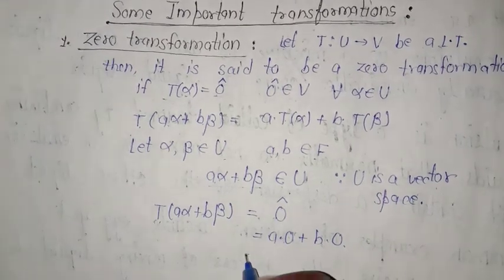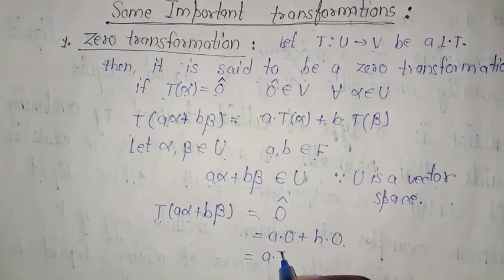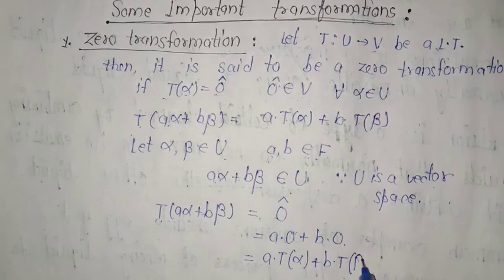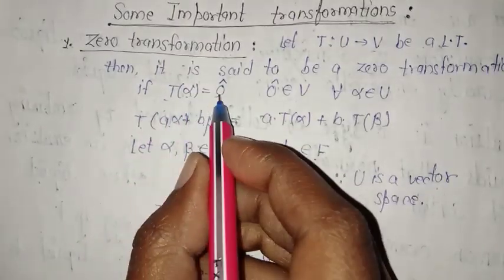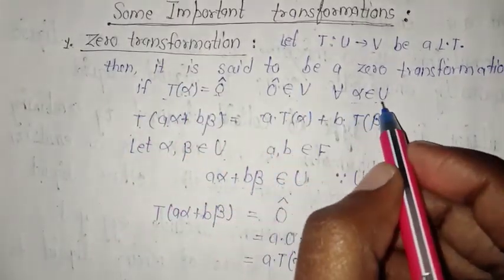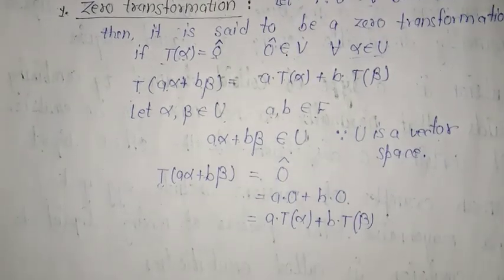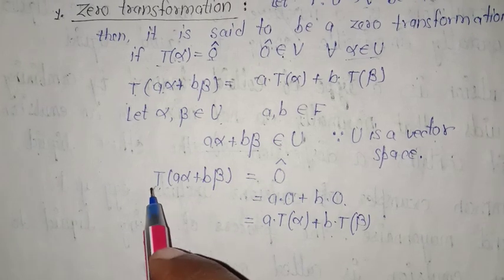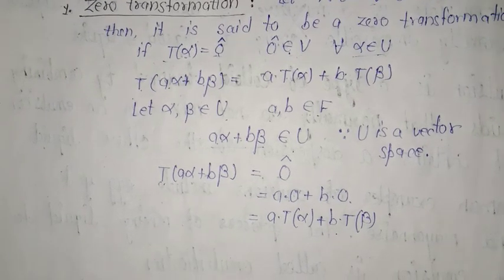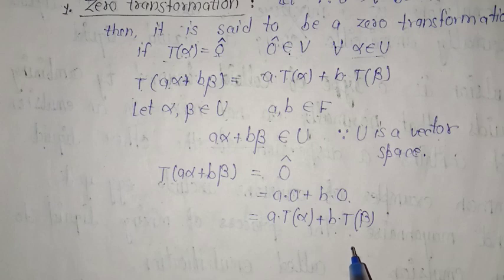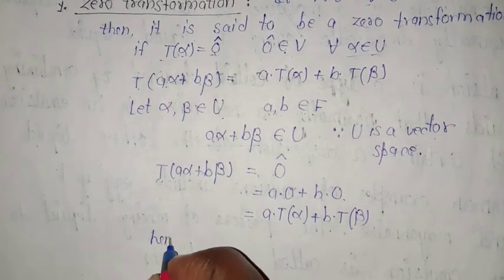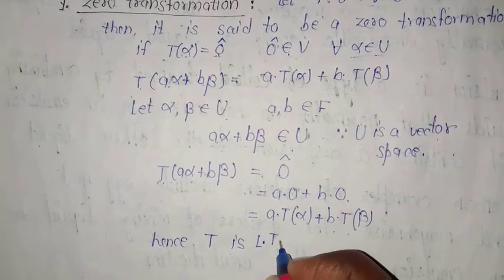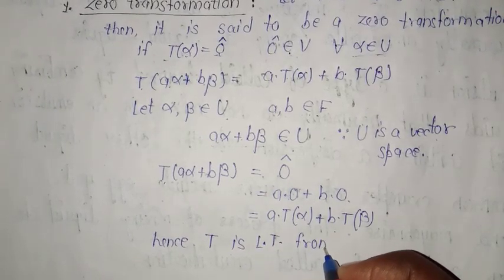Now 0 can be written as A dot T of alpha plus B dot T of beta, because T of alpha equals 0 for all elements belonging to U. That's why I can write it so. So the definition of linear transformation is satisfied, that is, T of A alpha plus B beta equals A dot T of alpha plus B dot T of beta. Hence, T is a linear transformation from U into V.